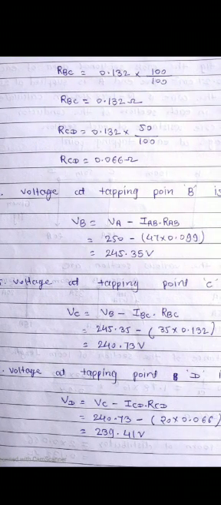Next, the voltage at tapping point D is VD equal to VC minus ICD into RCD. Putting in the values, VD becomes 239.41 volt. Like that we calculate the current in the various sections, the resistance of the various sections, and the voltage at the different tapping points.